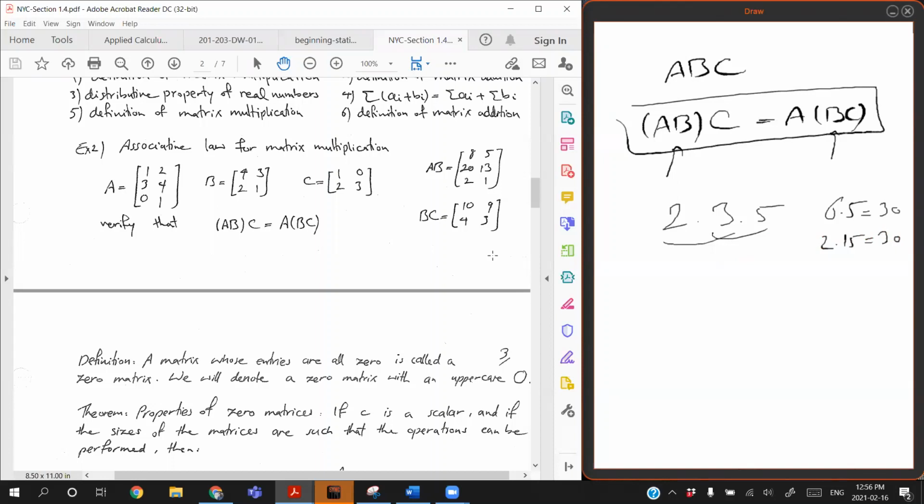Same story for matrices. You can associate A and B, or you can associate B and C. It doesn't matter what you do, you're going to get the same answer. And here's an example for that. You're good?